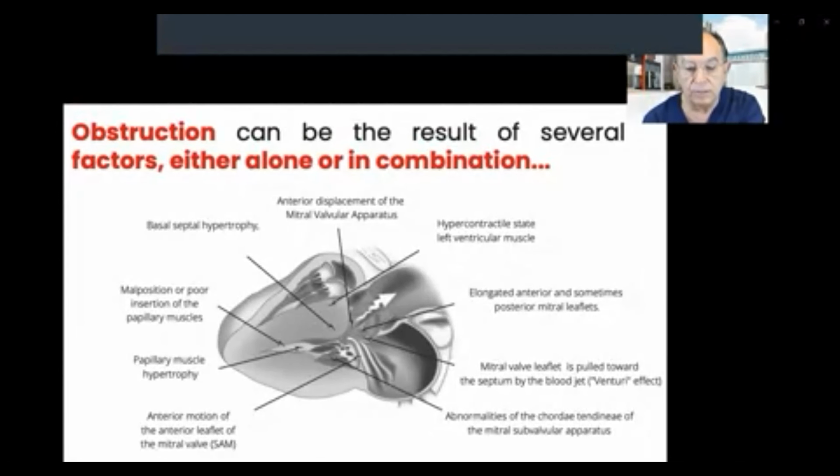But it's necessary to understand we have a lot of mechanisms like anomalies in the papillary muscle, anomalies in the tendinous cords, and anomalies in the leaflets of the mitral valve, and other anomalies that can produce, alone or in combination, obstruction in the outflow tract.